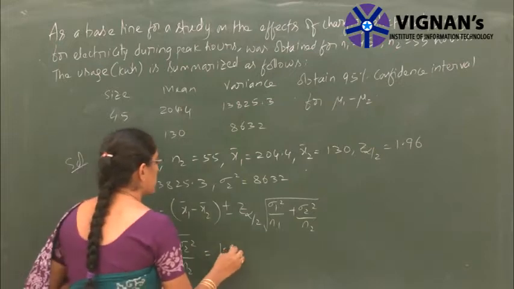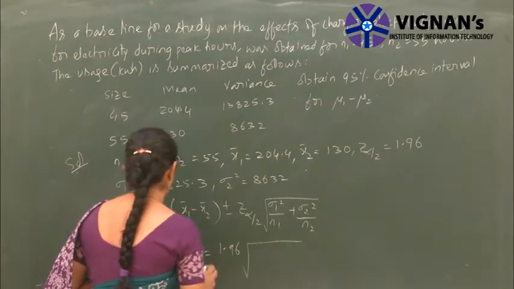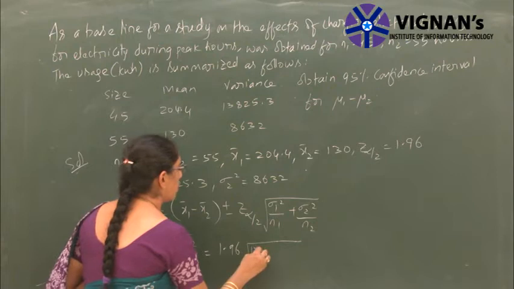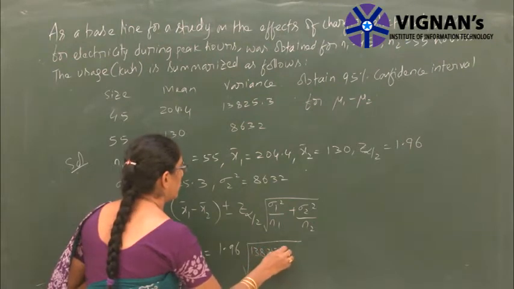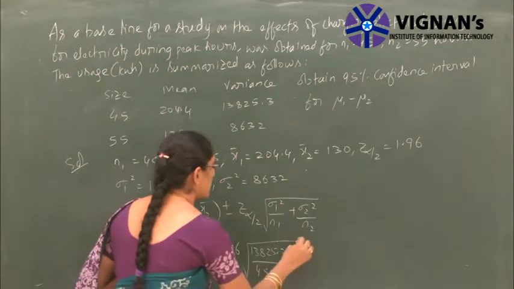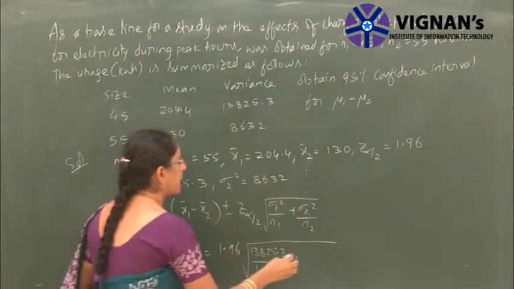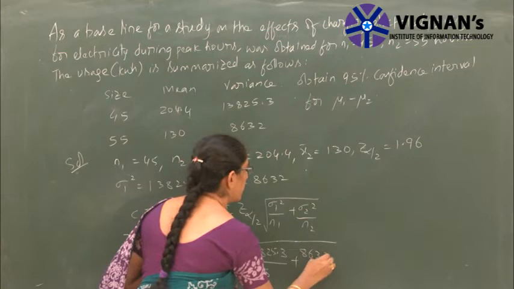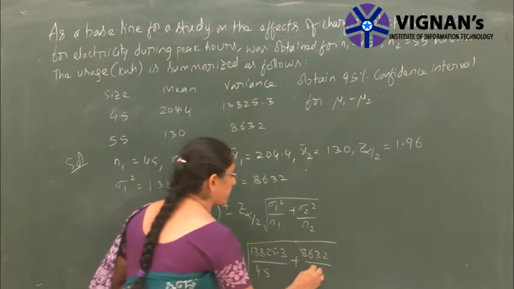So 1.96 into square root of sigma 1 square, 13825.3, by n1, 45, plus sigma 2 square, 8632, by n2, 55.